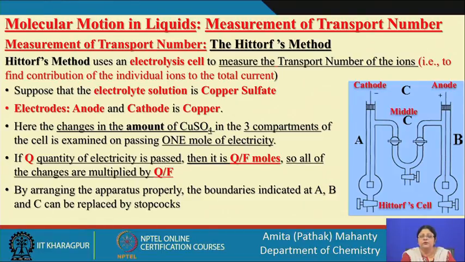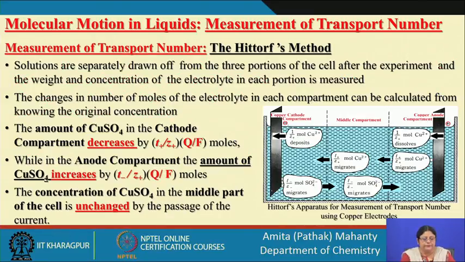That means we need to know the amount of copper sulphate which was initially present. That can be known because we are making the solution and putting the electrolyte into the Hittorf cell, so the initial concentration of copper sulphate should be known to us. Now, as you see, we are going to look into what is happening. You have the cathode compartment and the anode compartment, and the electrodes are made of copper.